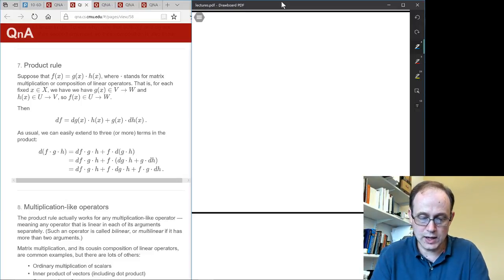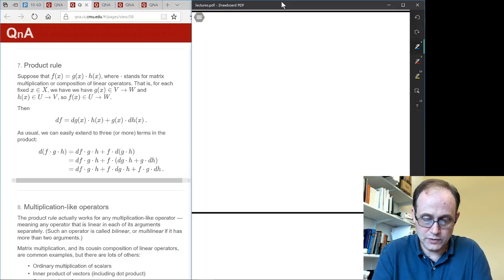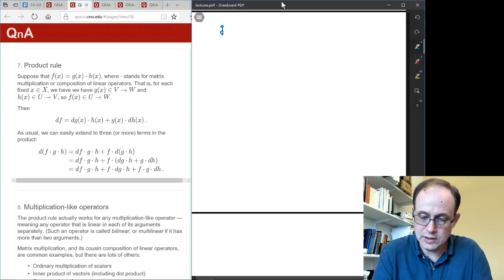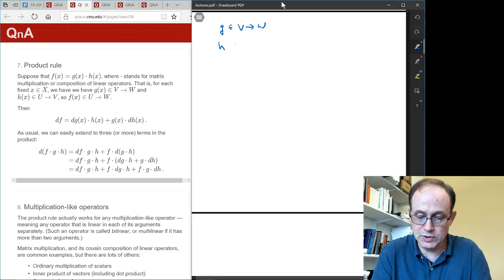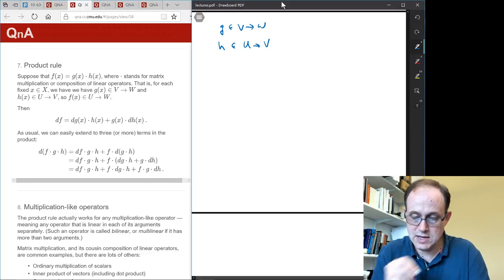Right, so we have a function g, which is in v to w, and we have a function h, which is in u to v, right?